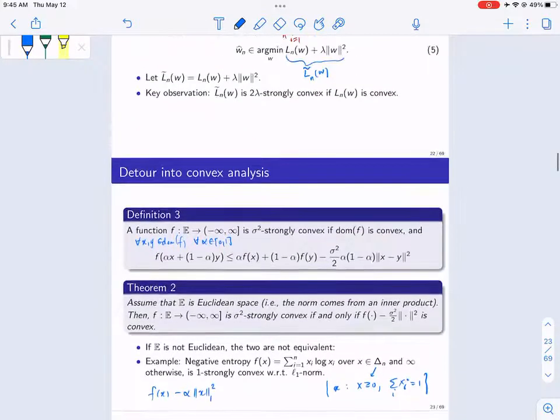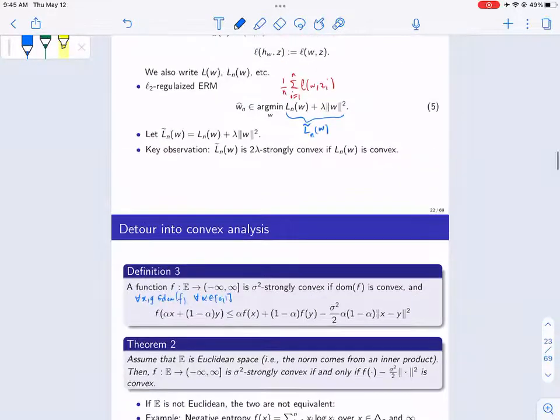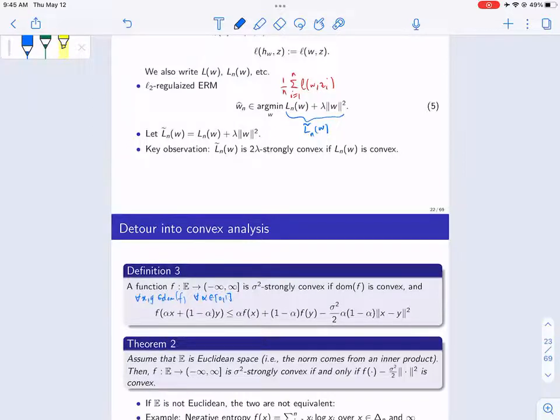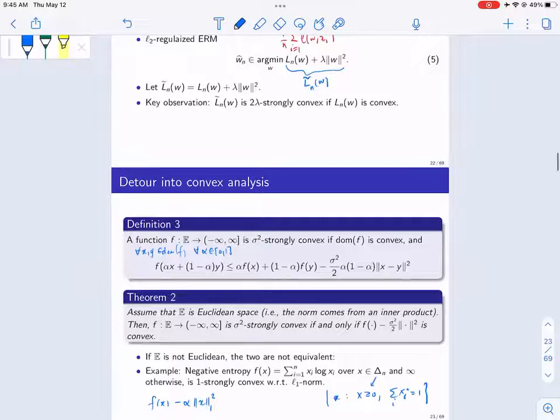But for us, because we work with the L2 norm, they're equivalent, and you can see from this construction. If this is convex, and then lambda norm W squared is added, because I can always subtract, let's say, 2 lambda over 2 norm W squared, this is just L_n(W) and convex.